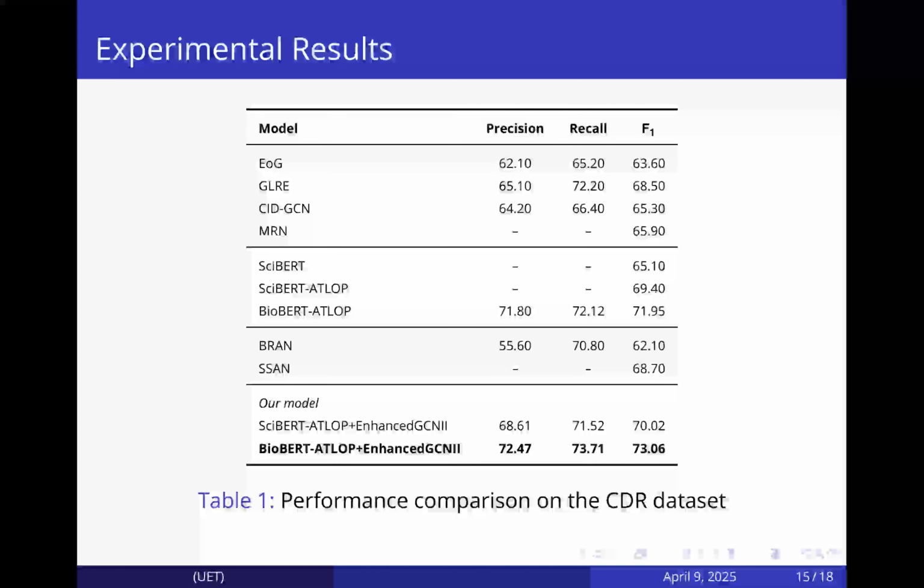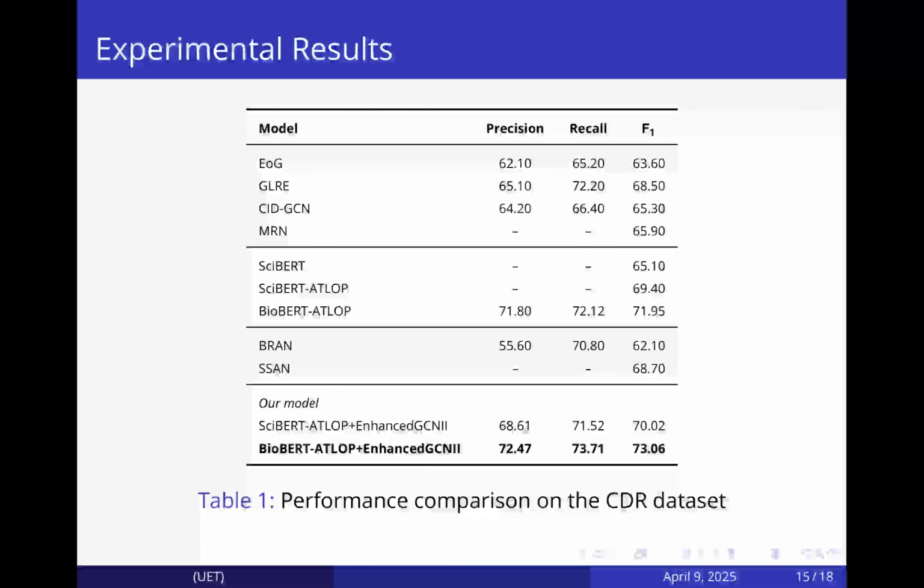So now in experimental results, we evaluate our model on the CDR dataset. Our enhanced GCNII combined with transformer encoders like BioBERT and SciBERT significantly outperforms previous models.